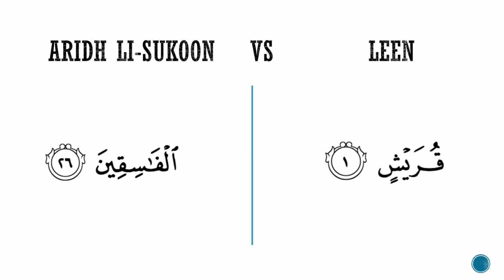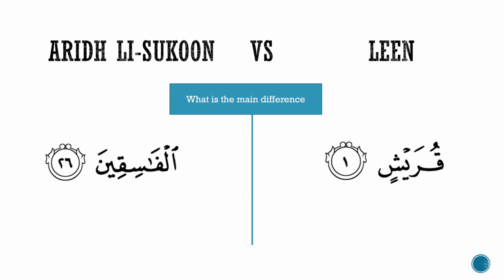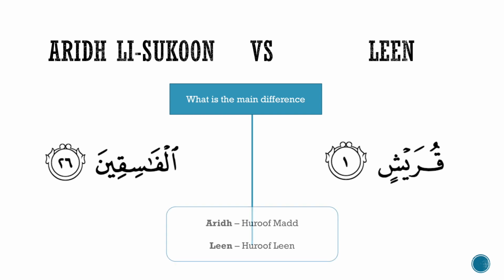So what is the main difference between mad arid sukoon and mad leen? Mad arid sukoon are to do with the huruf mad letters. Alif madda, which is alif preceded by a fatah, a waw preceded by a damma, and a ya preceded by a kasra.